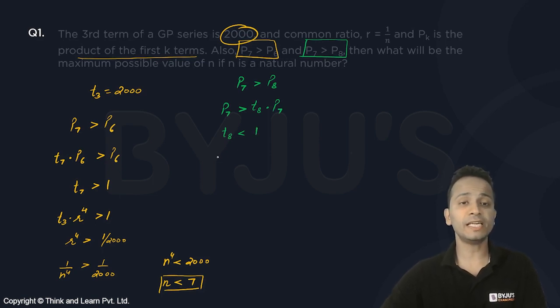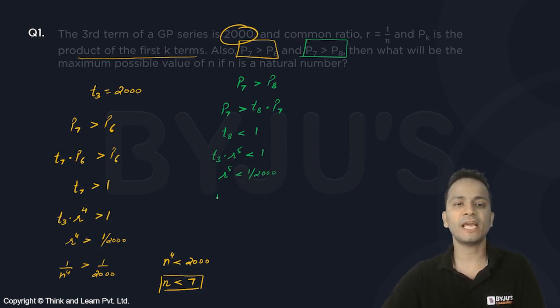Once again, T8 can be written as T3 multiplied by R raised to the power 5, which is less than 1. So T3 being 2000, I can say that R raised to the power 5 is less than 1 upon 2000. Okay, and from here I will get n raised to the power 5 to be greater than 2000.